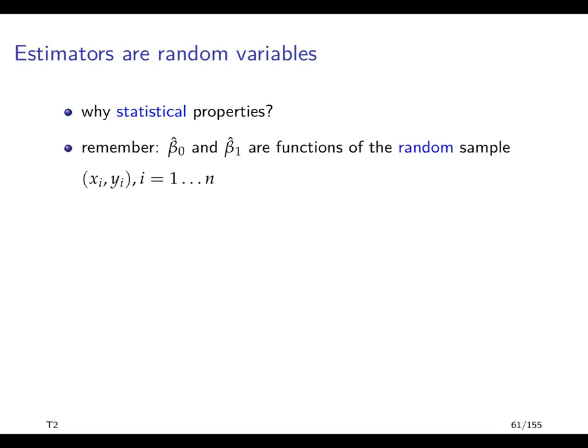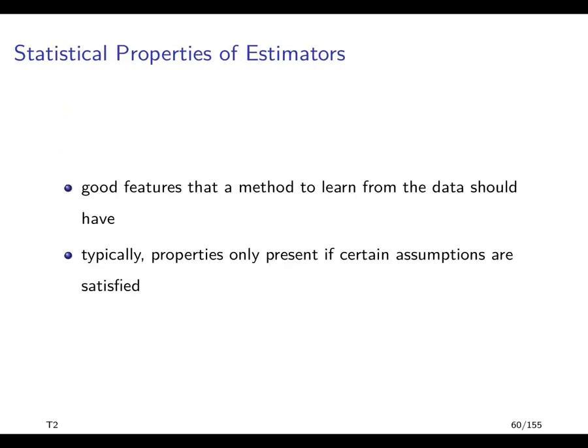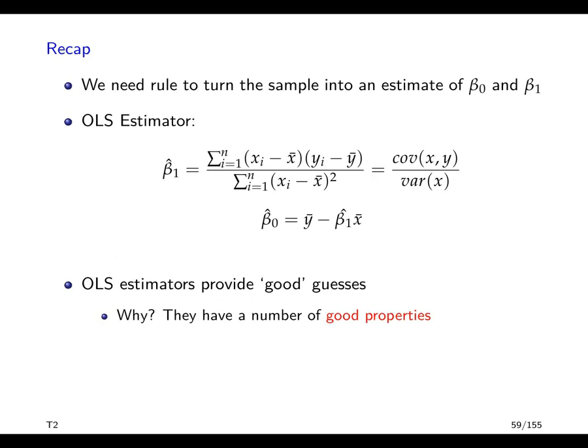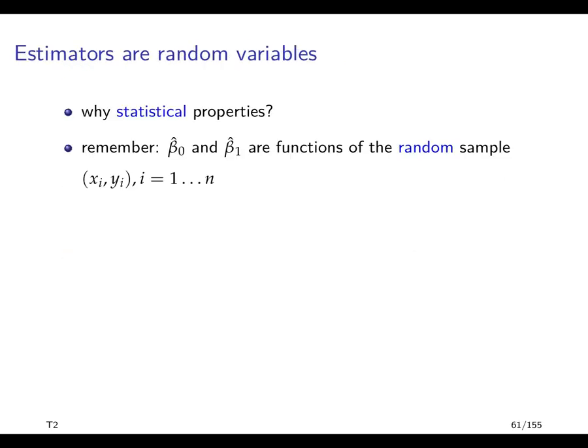Now remember that beta naught hat and beta 1 hat are functions of the random sample. We have here the formulas, but these formulas are going to be fed with the data that comes from our sample. If the data has certain values of xi and certain values of yi, the estimate will be higher or lower or whatever. It will vary.